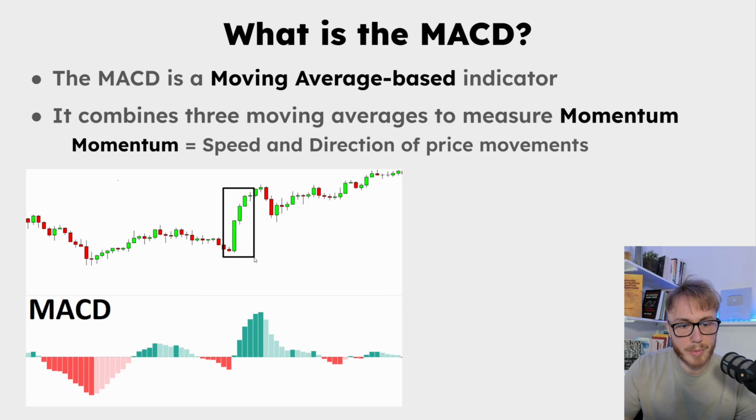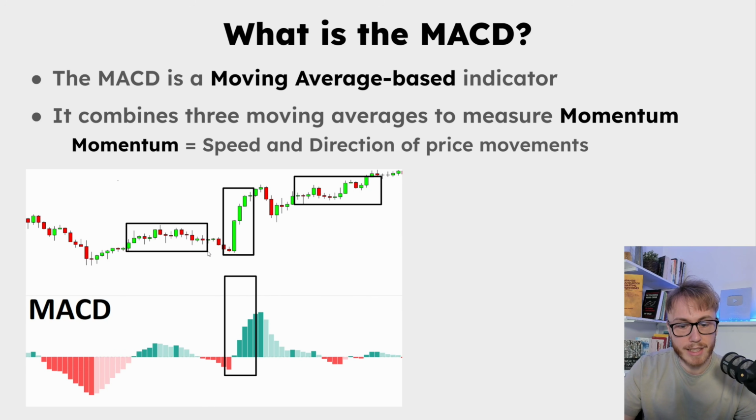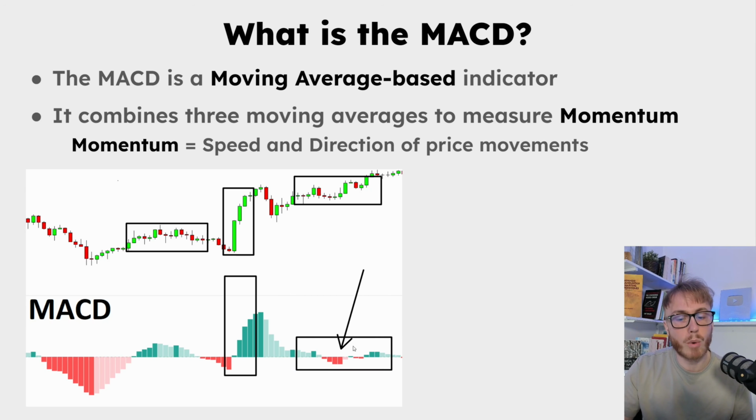And when we see movements like this, you will also notice when we take a look at the MACD that we see sharp movements on the MACD indicator. And while we see lots of small candles, like for example right here and right here, you will notice that the MACD indicator will also show very tiny and small movements.